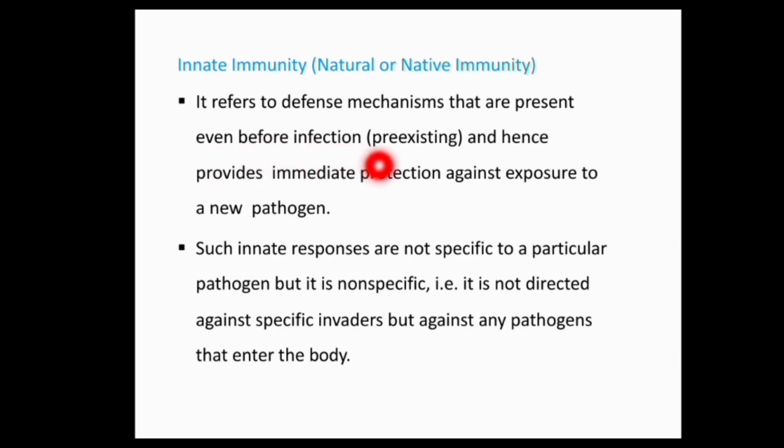It acts immediately to protect against exposure to a new pathogen. Such innate responses are not specific to a particular pathogen, but are non-specific. As I already told, it is non-specific, but acquired immunity is a specific one. For example, it is not directed against specific invaders, but against any pathogens that enter the body.